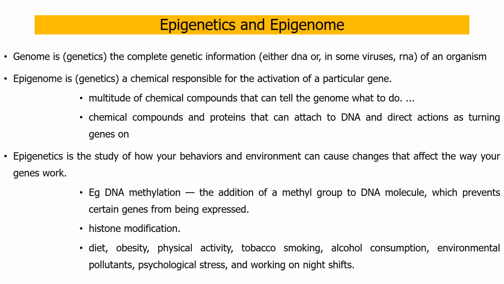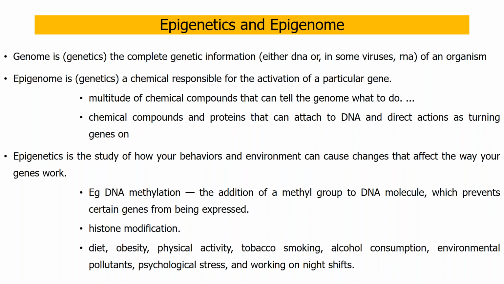Epigenome मतलब the chemical reaction or a chemical difference responsible for the activation of a particular gene. Like a multitude of chemical compounds that can tell the genome what to do. Like हमने क्या methylated होते हैं कुछ cytosines genes के अंदर so that वो gene transcribe ना हो सके, है ना, उसको repressed रखने के लिए, transcription रोकने के लिए methylate कर दिया जाता है cytosines को.